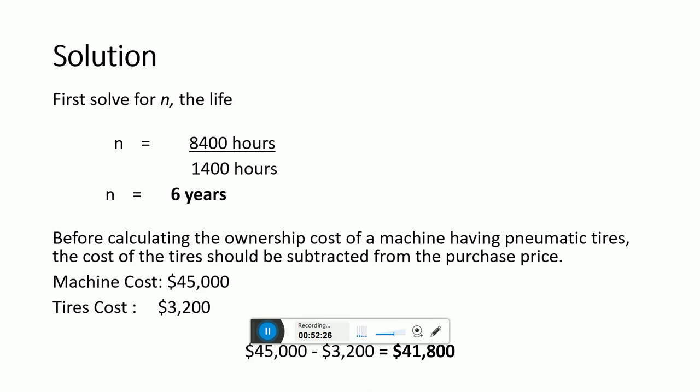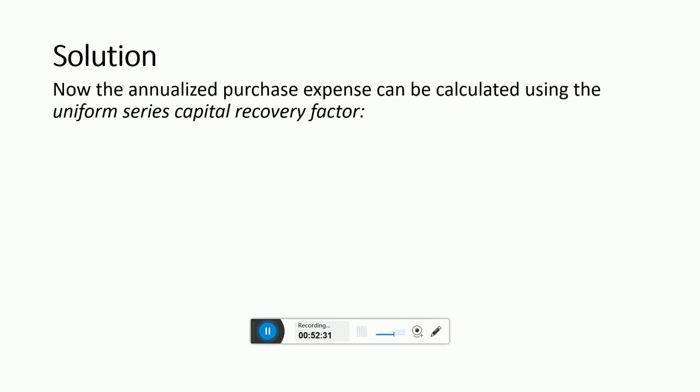We can use the uniform series capital recovery factor. As we have the value of P, which is $41,800, the value of I, which is 7%, and the value of N, which is 6 years, putting all these values in this equation, we can get the value of A.